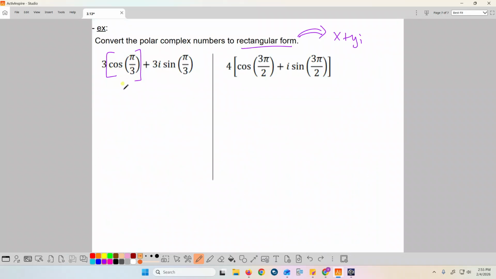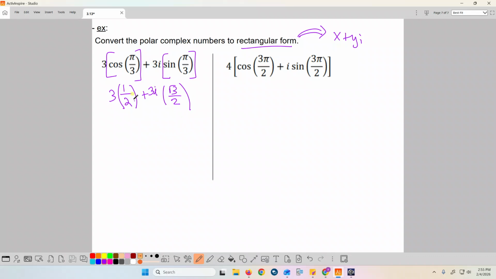So cosine of pi over 3, remember, that's where we're getting this 1/2 from, okay? That's the x value from that coordinate, times 3, plus, I'm going to put the 3 in there, times the i. So I'm just going to multiply 3i, and then could we evaluate sine of pi over 3? Remember, that's the y value from that coordinate, which should have been that square root of 3 over 2.